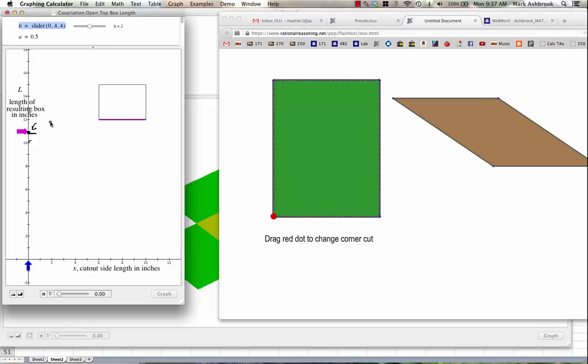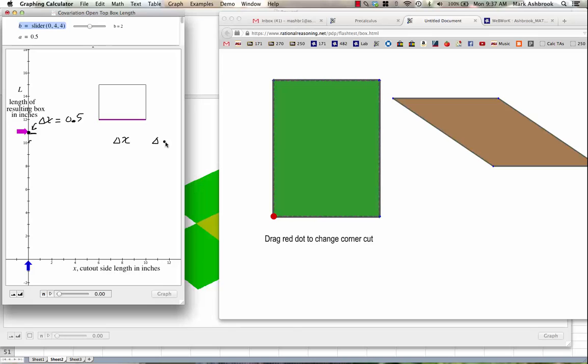Tyler, you can do like delta L. Is it delta L? I'm increasing the cutout side length by 0.5. You want delta X? Delta X. That's delta X equals 0.5.